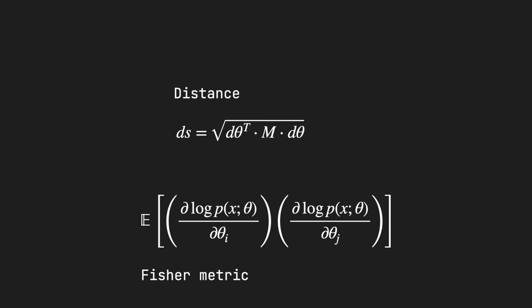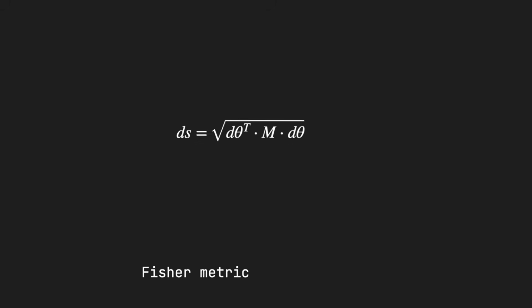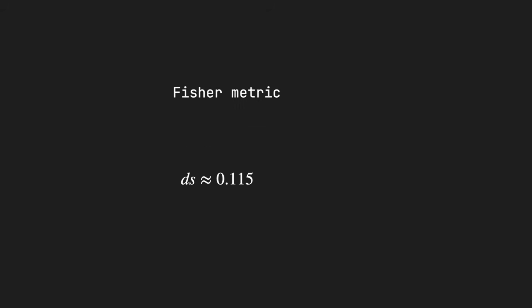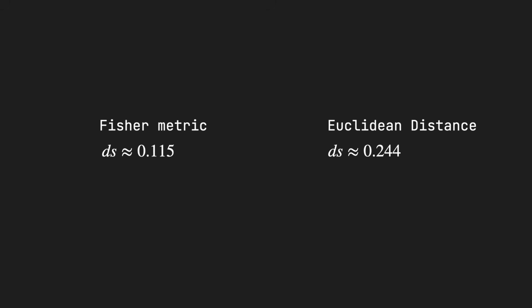When we do this calculation with the Fisher metric, it gives us a much better picture of what's happening, how our weights are changing. If we take the Fisher metric and do this calculation, we get a much more accurate number, 0.115. If we look at the Euclidean metric, it gave us a much larger number.